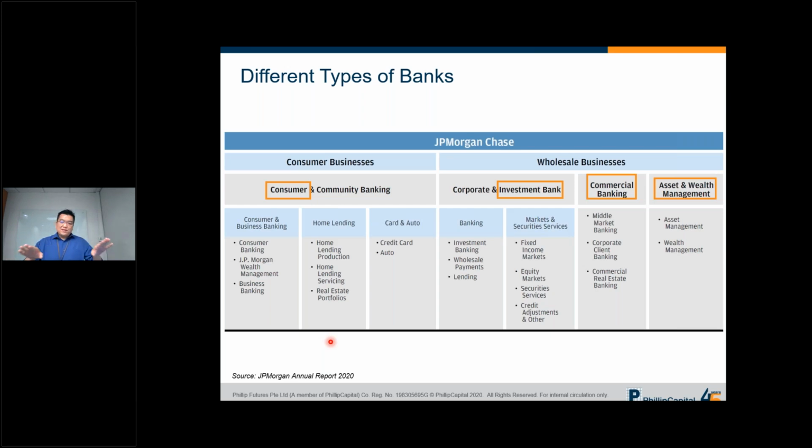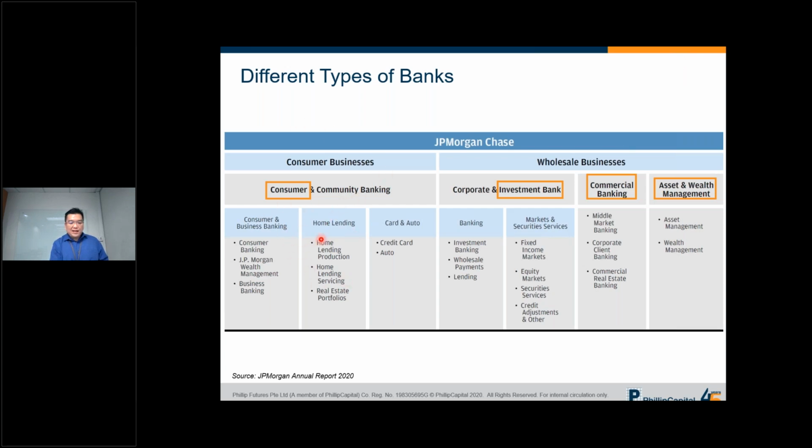These few segments that they're covering basically cover everything that the banking sector touches on. Firstly, you have the consumer bank, and then the investment bank, commercial bank, and then asset fund management.